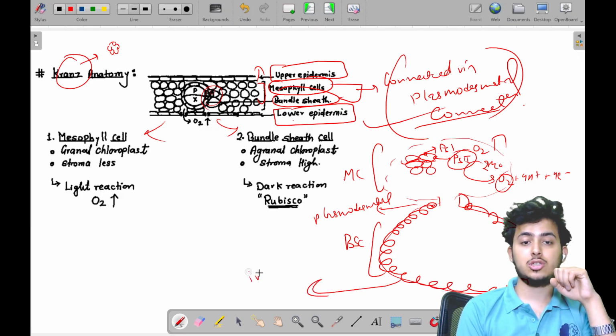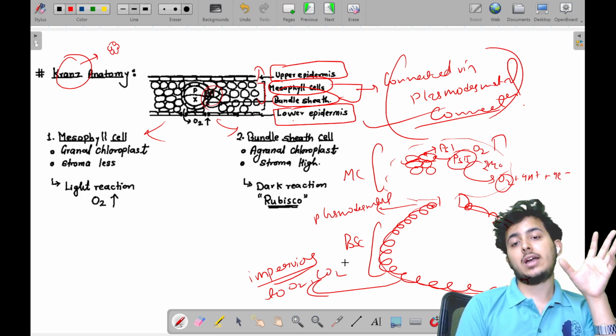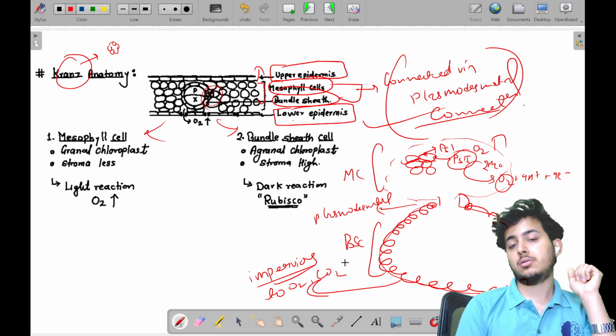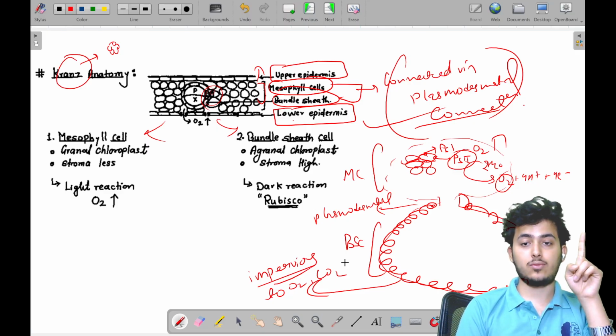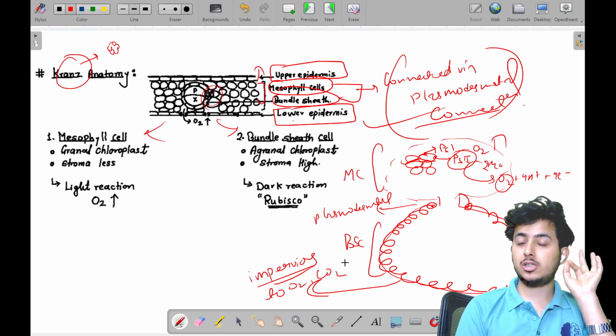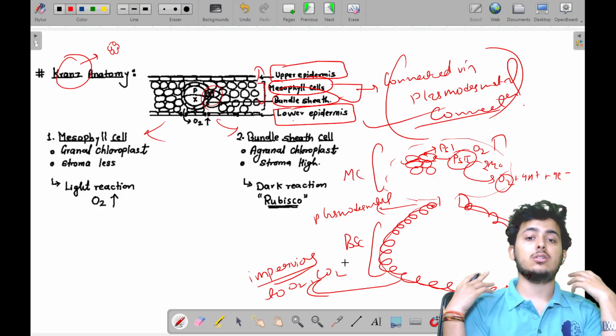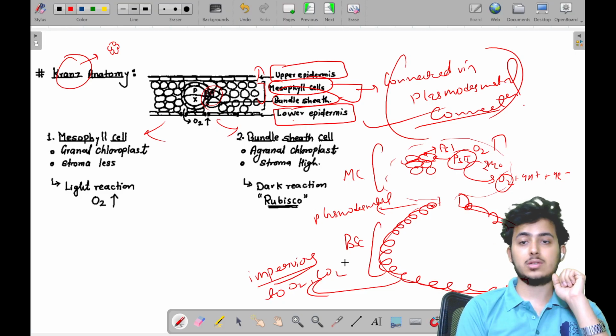This bundle sheath cell layer is impervious to oxygen, CO2, or any gas. Now the gas cannot enter from outside. The only thing you have to take care of is to provide CO2 to this bundle sheath cell, so that Rubisco can be focused only towards CO2.